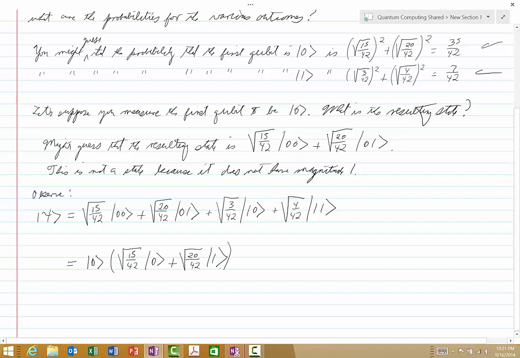And then in the second two terms, the first qubit is 1. So we'll have plus 1 times the square root of 3 over 42 |0⟩, plus the square root of 4 over 42 |1⟩.